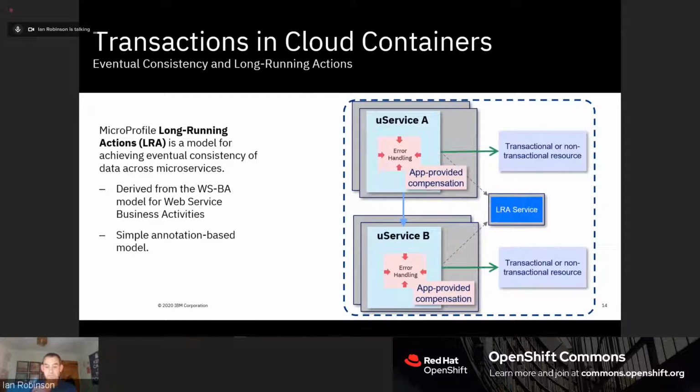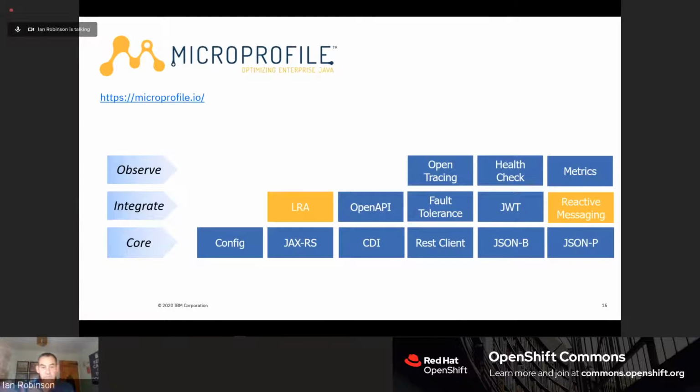So just before we talk about what LRA actually does and how you use it, I want to put that into the context of MicroProfile, just to make sure everybody understands what the MicroProfile set of standards is attempting to provide. MicroProfile is a set of standards that have been around now for about 4 years.